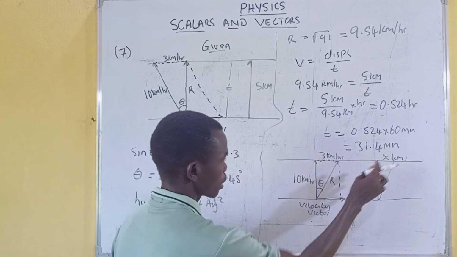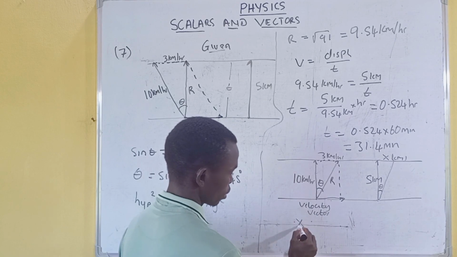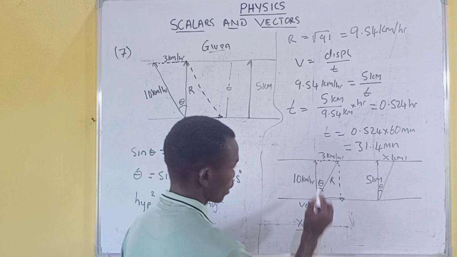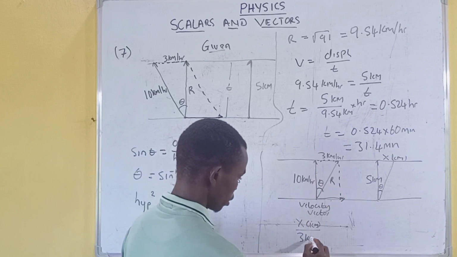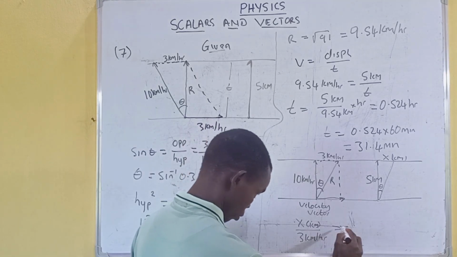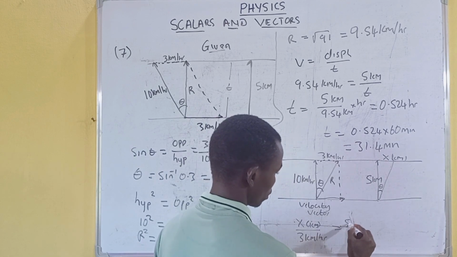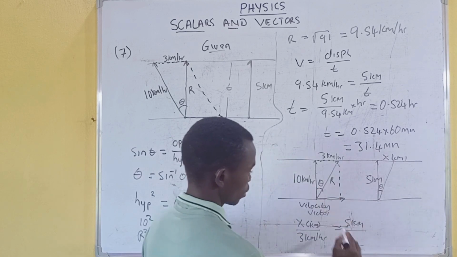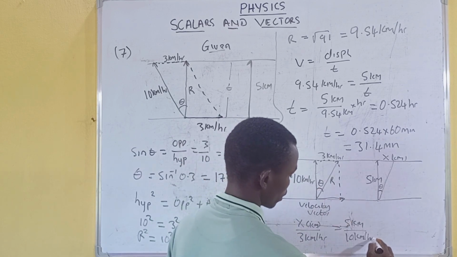So from here we can get our distance, which is s in kilometer over 3 kilometer per hour, equal to 5 kilometer over 10 kilometer per hour.